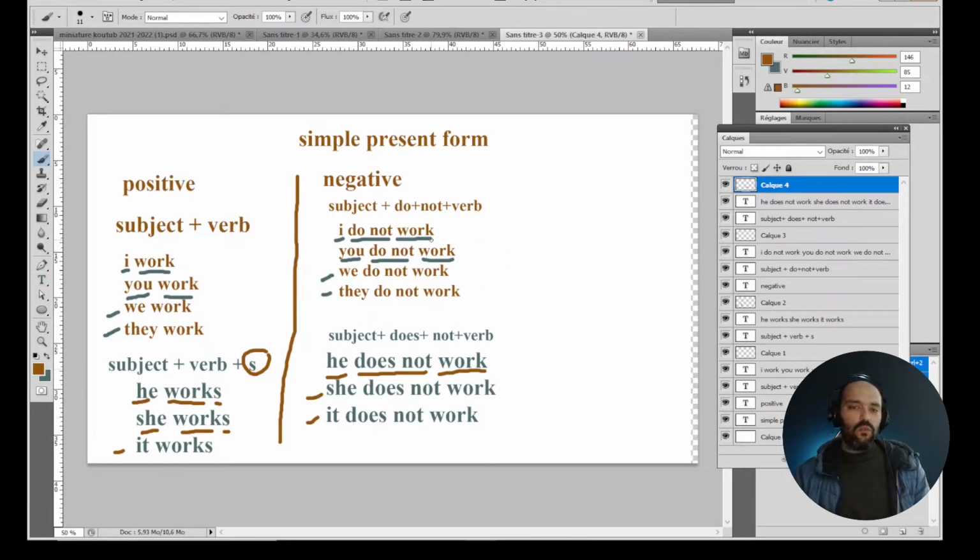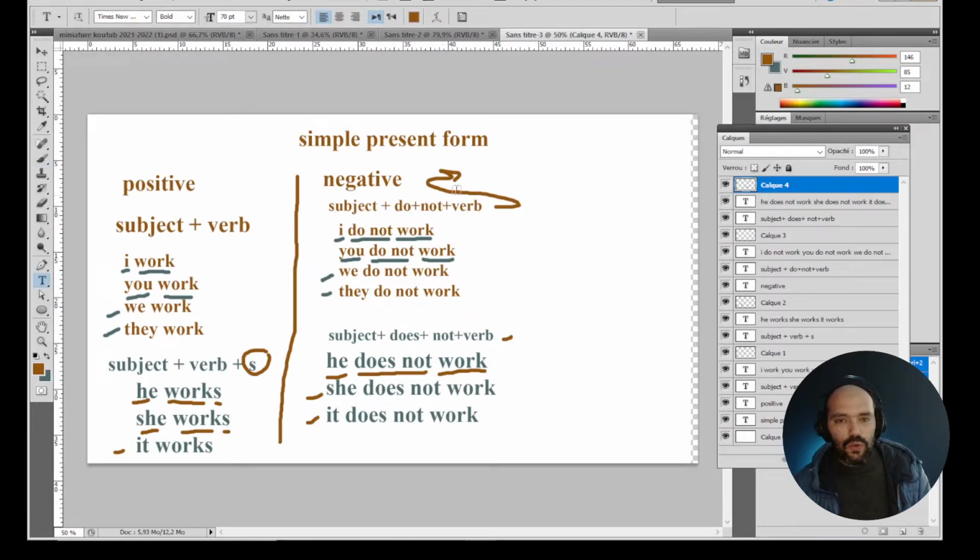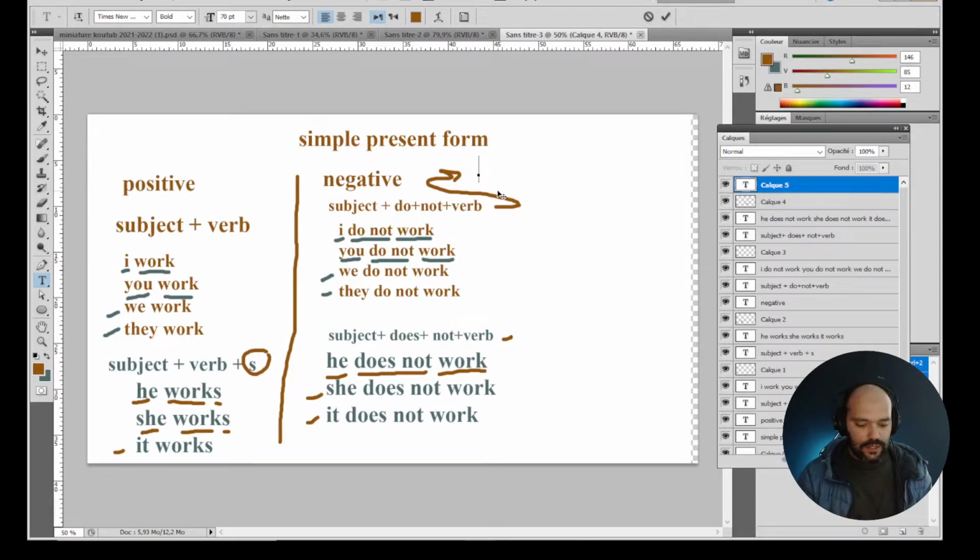In the negative form, we have short form of these rules. Let's take this form. Okay. In the first rule we form like this in the short form: subject plus don't plus verb.